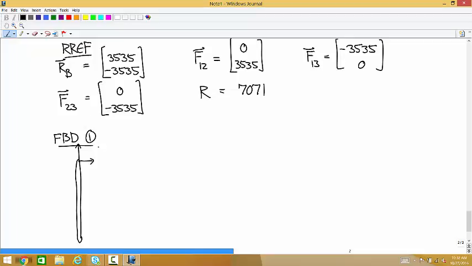At the top we have negative 3,535, 3,535 plus, we can just add these since they're at the same point, negative 3,535, 3,535, 0. And then down at the bottom was F12. So that's 0, 3,535, 3,535.